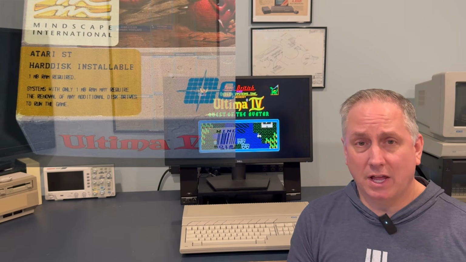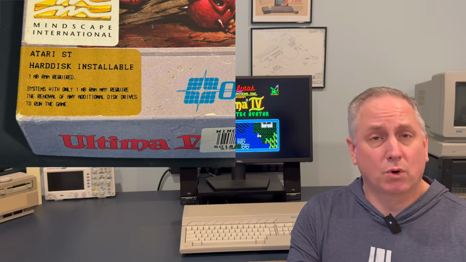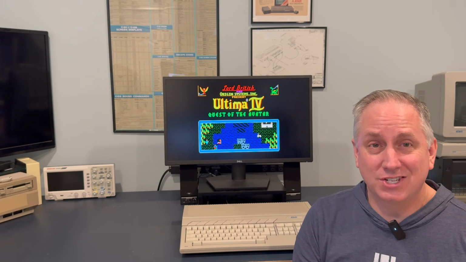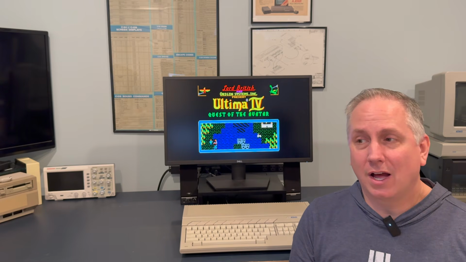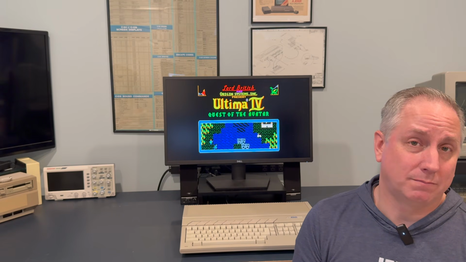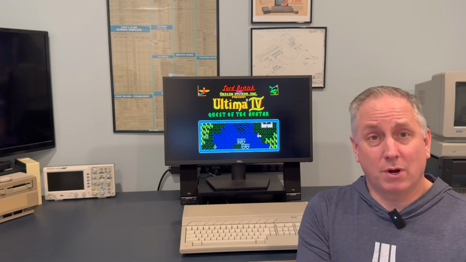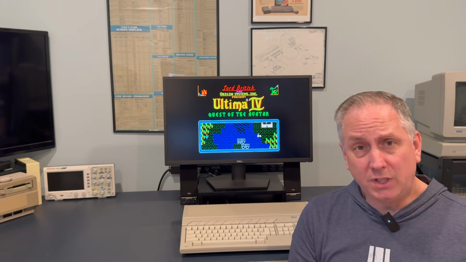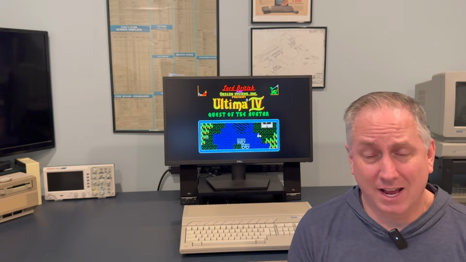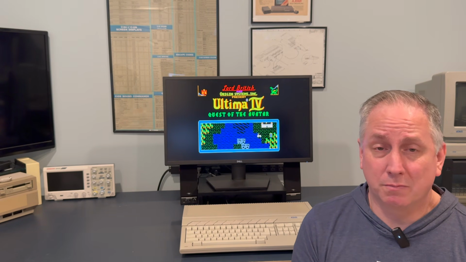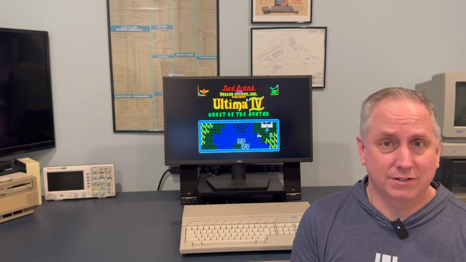It's still not the lion's share of the software, but some of the more cool things, in my case, Ultima 6 or Civilization, video games, required at least 1 megabyte of RAM. And to be frank, those two games were exactly what got me to upgrade my original 520 ST I had picked up when I started collecting vintage computers back in the 2010s.